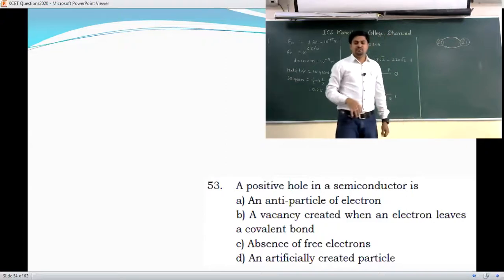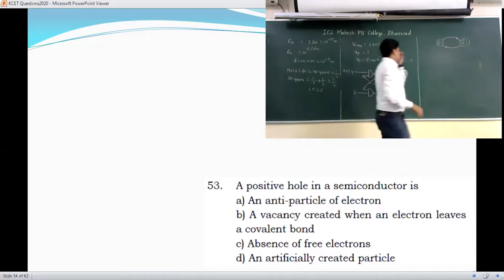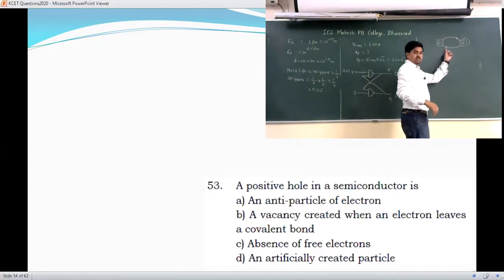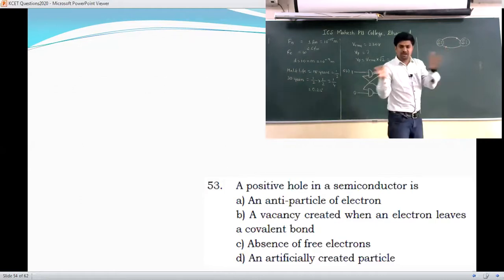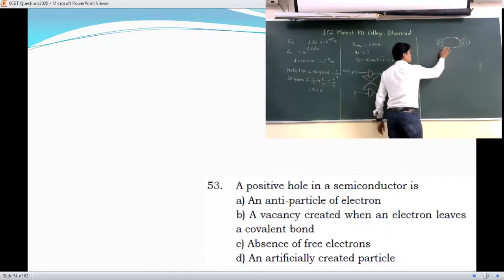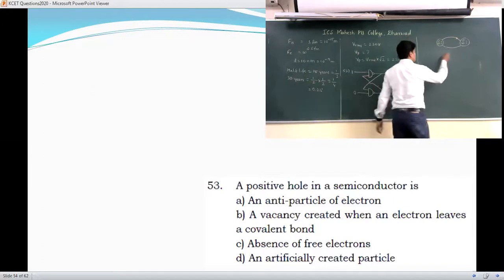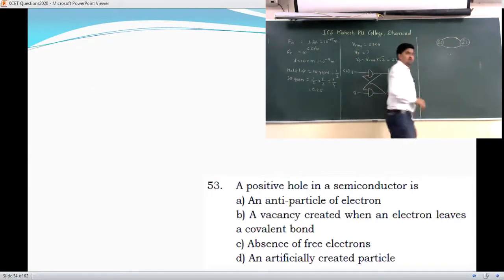Now what happens here? If you supply some energy to that, the covalent bonds will break, and due to the breaking of the covalent bond, an electron jumps from the lower orbit to the higher orbit. Suppose it has come here, then what remains at this point?